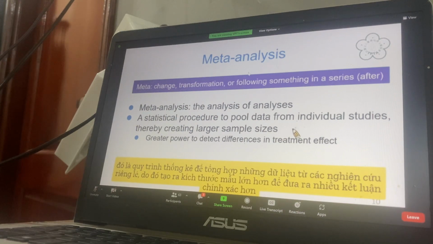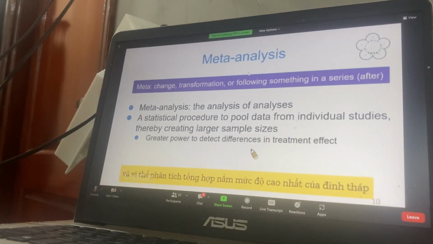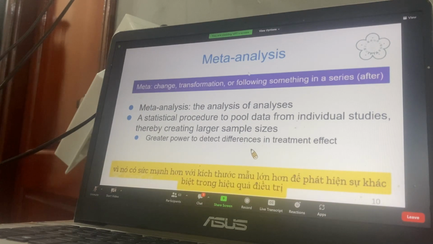It's a statistical procedure to pool data together from each individual study and create a larger sample size to draw a more conclusive conclusion. That's why meta-analysis is at the top level of the pyramid, because it has greater power with a larger sample size to detect differences in treatment effect.